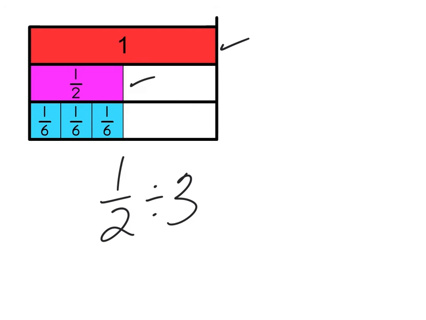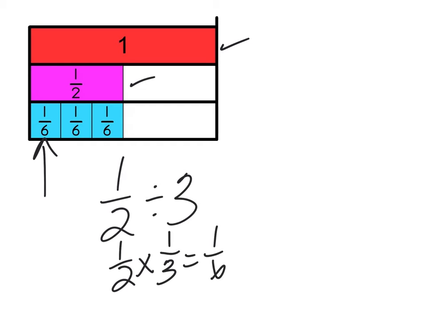And if I were to take 1/2 and split it into 3 groups, then I should get the answer of just one of these pieces, which it's already labeled for you. It's going to equal 1/6. And with my algorithm, I could see that 1/2 times the flip, which would be 1 over 3, gives me 1/6, and that's what one of those pieces equals.